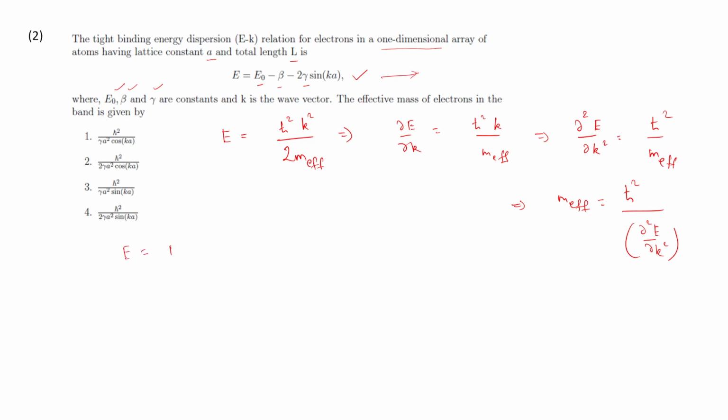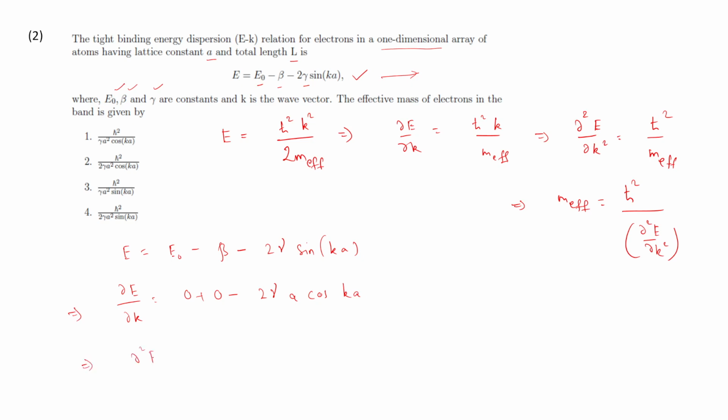E is equal to E naught minus beta minus 2 gamma sine ka. Okay, if we do the first derivative here, this is a constant, we will get 0, this is a constant, we will get 0, minus 2 gamma, derivative of sine is what? It is cos ka into a. We'll do the derivative again.